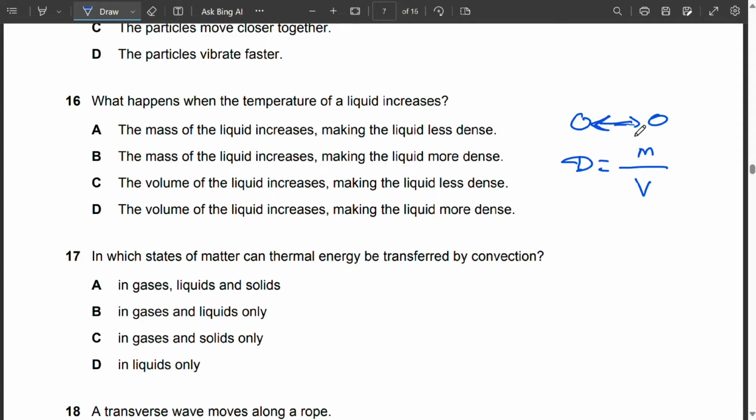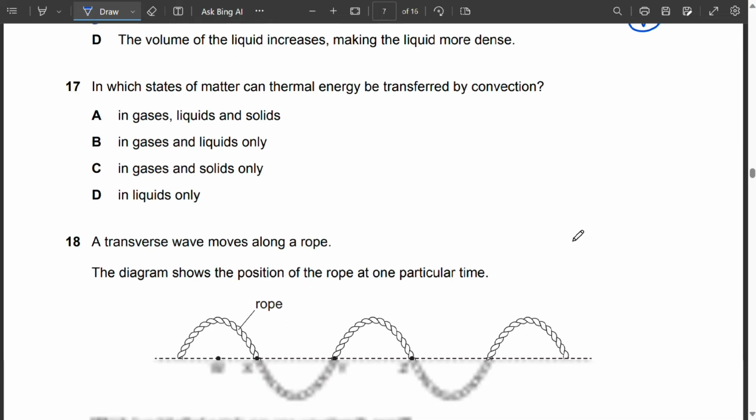So when the spacing is increasing, that means volume is increasing. So if you consider this as a fraction, when this part is increasing, the fraction is decreasing. That means the density is decreasing. So hence C, you see that the volume of the liquid increases. Why? Because the spacing between the molecules increases, they move faster, making the liquid less dense, the density will decrease. Okay, now the next one.